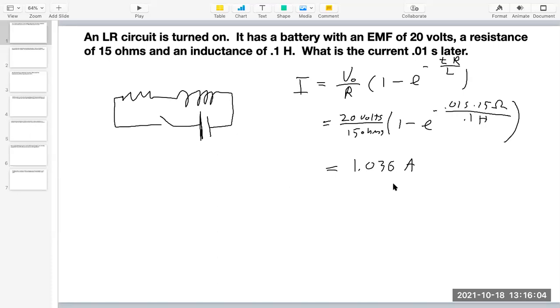Any questions on this one? Would we ever get just a tau value? That was the time constant. Sure.